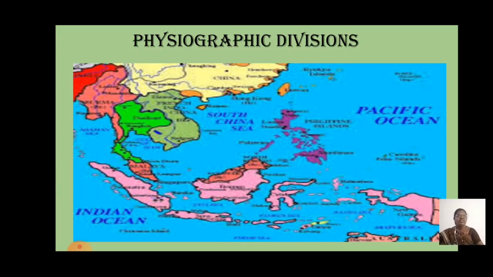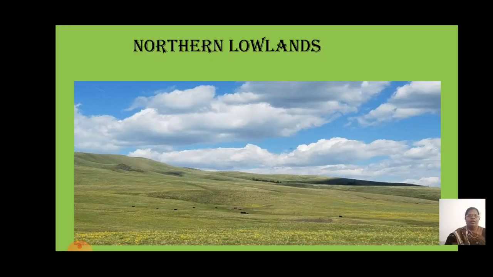These diverse features encourage the people of this continent, including those who are landlocked, to be involved in diverse economic activities. The physiography of Asia can be divided into major groups like northern lowlands, the central high mountains, the southern plateaus, the great plains and the island groups.